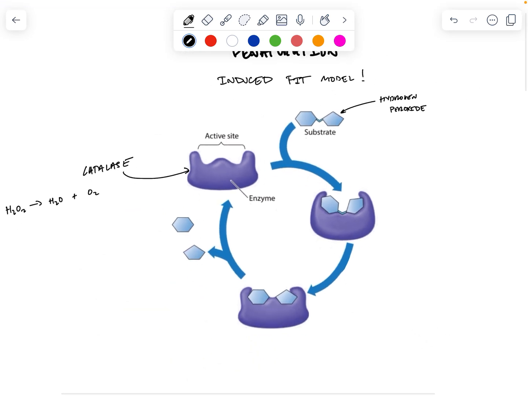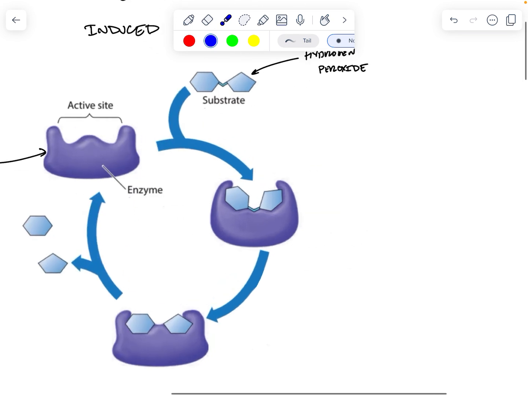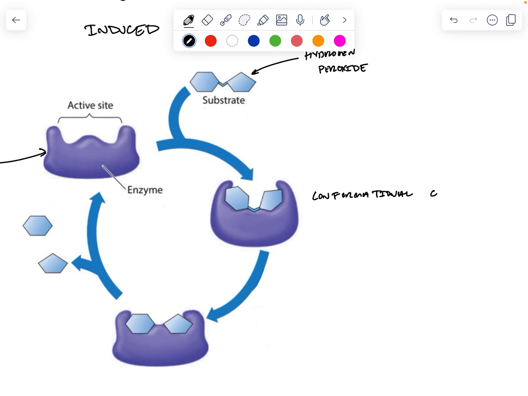So you know what happens in the induced fit model. The substrate binds the active site of the enzyme. The enzyme undergoes a conformational change, which is just a fancy way of saying it undergoes a shape change.